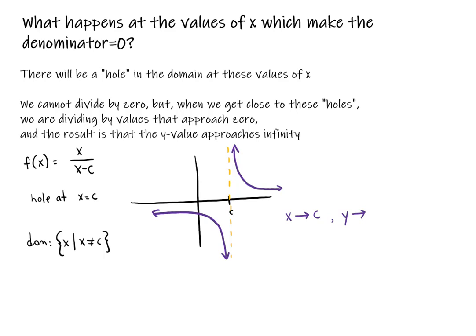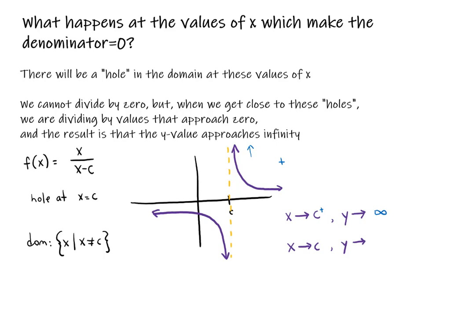Which one? Well, that depends. Which direction are we approaching c from? Well, if we say that we're approaching c from the positive side, meaning from the right side, then we know that it's going to go up to positive infinity. So we're going to say as we approach c from the positive side, then we're going to approach positive infinity on the y value.